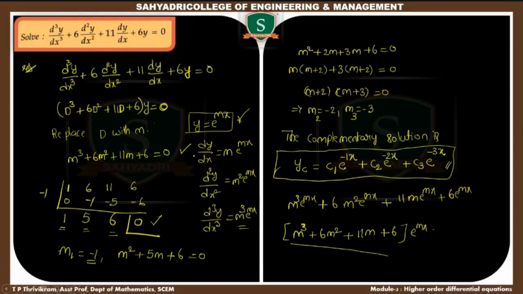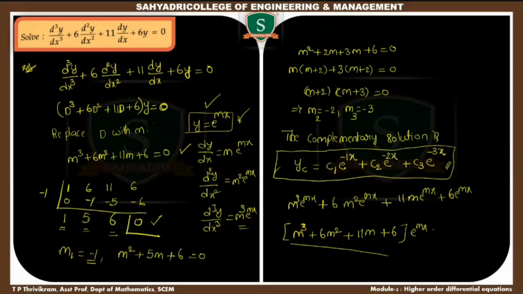We don't simply replace an operator by a variable. Just to make the problem easy, we are not discussing all this part. To write the solution easily, we just say replace d with m. Usually we can't directly replace an operator with a variable. So this much theory is there for it.